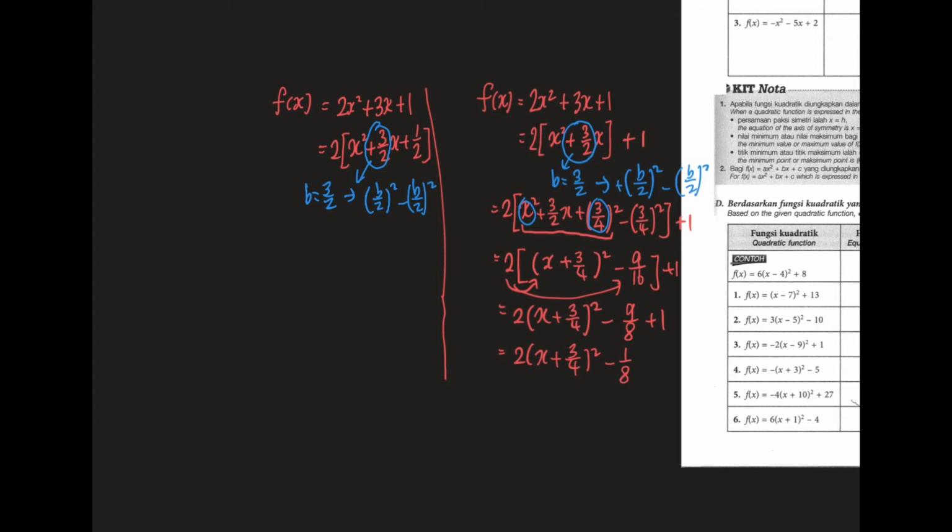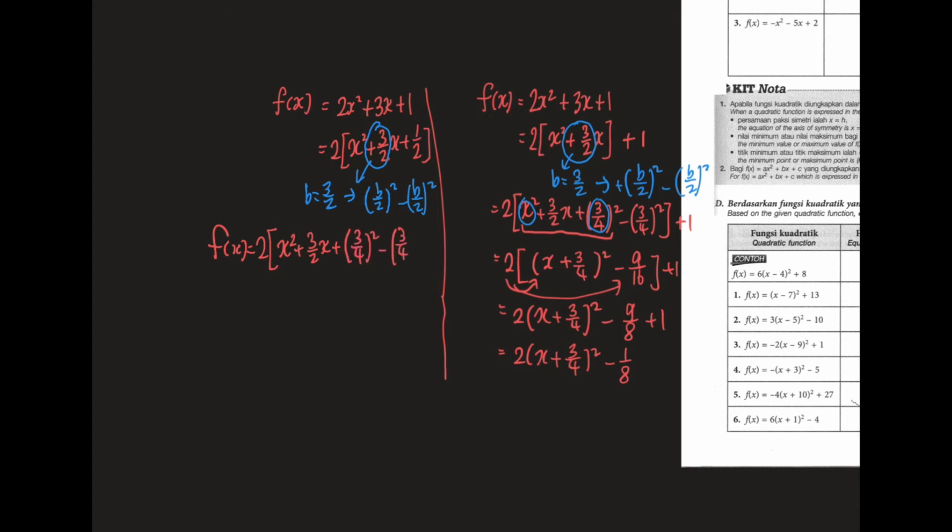So you put something like this: 2x² + 3/2 x plus... I know b/2 means 3/2 divided by 2, so that is going to be 3/4.